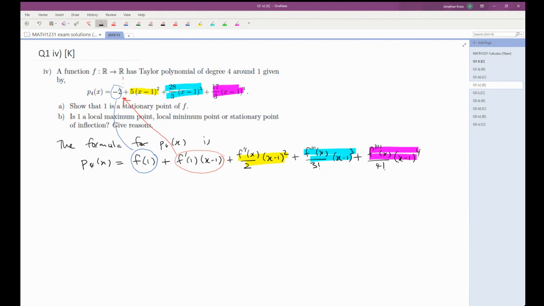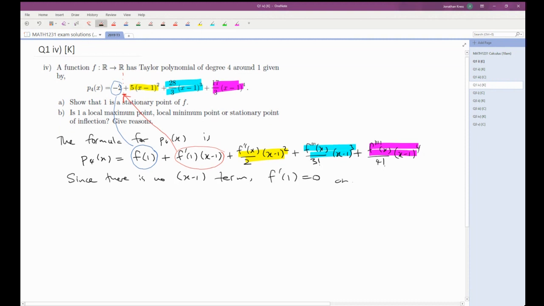Okay, so you can see you can just immediately read off from the Taylor polynomial that the first derivative is 0 at 1. So maybe I'll write that in words. Since there is no x minus 1 term, f dashed of 1 equals 0, and hence 1 is a stationary point of f.